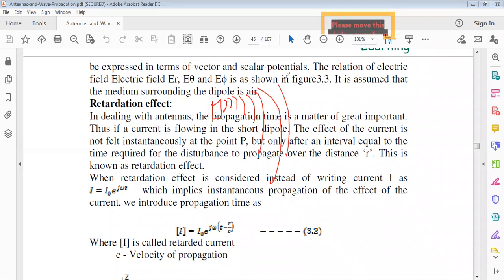These are called the liberated waves from that antenna.